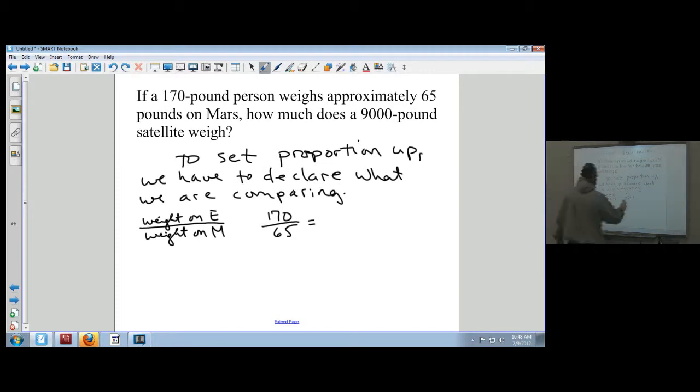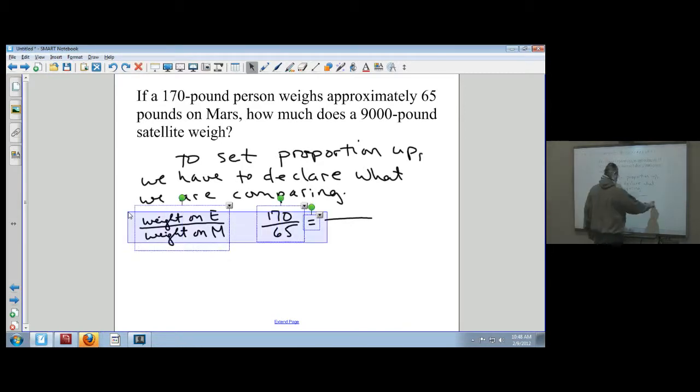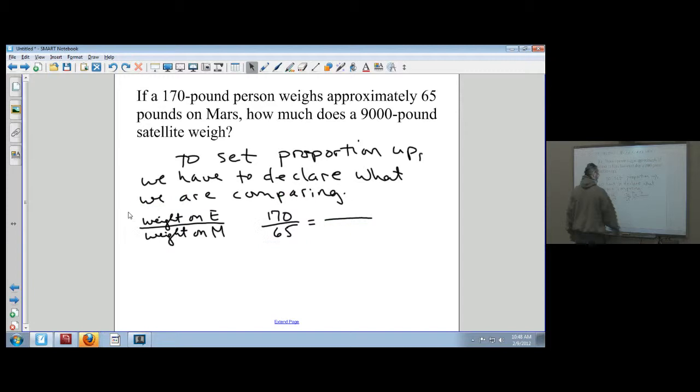So where would the 9,000 go, in the numerator or the denominator of the other side? We have to maintain consistency with our ratio all the way across here. So the 9,000 would go in the numerator and our unknown would go down here.